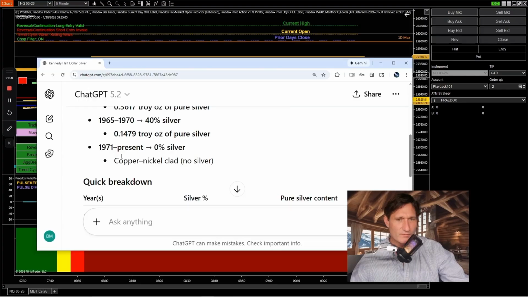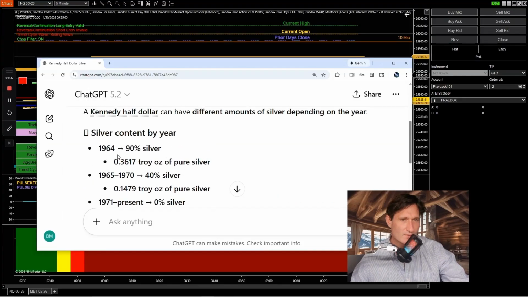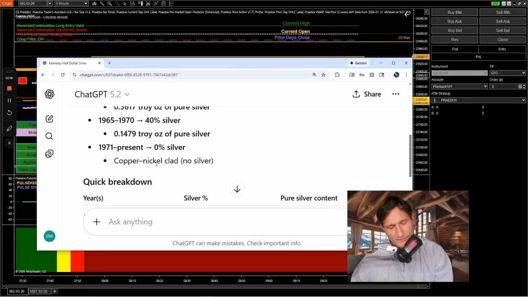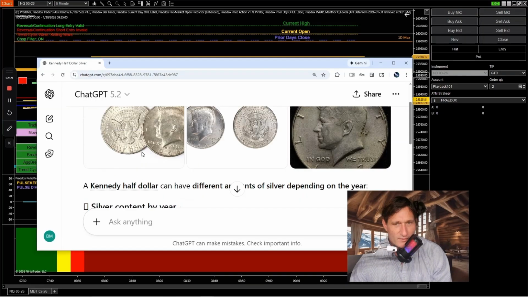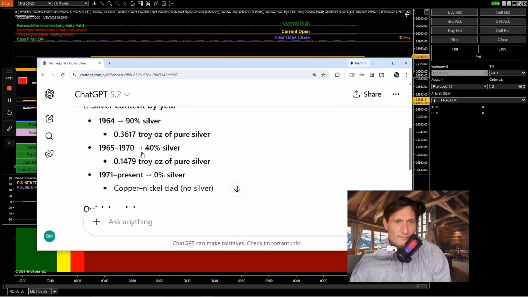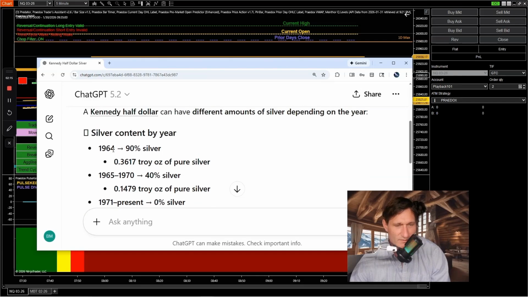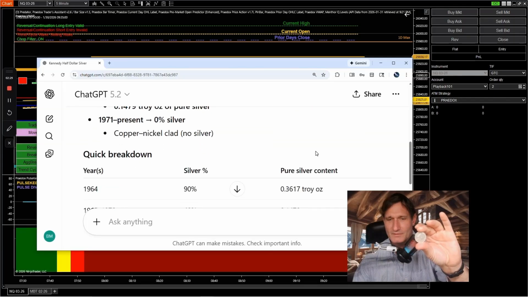This is 74. What? It has nothing. It looks like silver, but I guess not. Good to know, guys, if you're looking for those half dollars, 90% silver looks like 1964 or prior. Those are the ones you want. So this is basically 50 cents. Great.